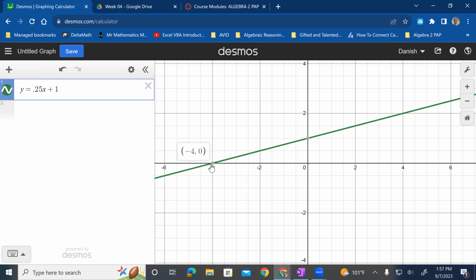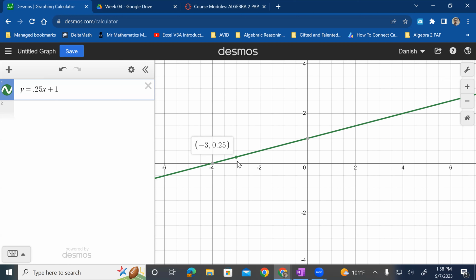And when I move from -4 to -3, what's the value? 0.25, exactly. That means with a single unit change in x, the y changes by the same constant 0.25. And that's what the slope is, rise over run, the change in y due to the change in x.